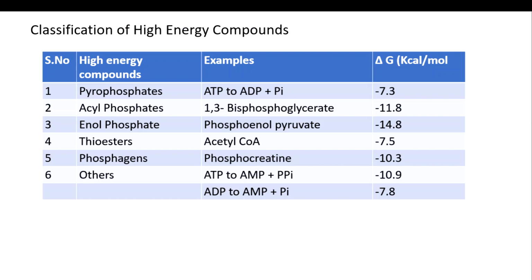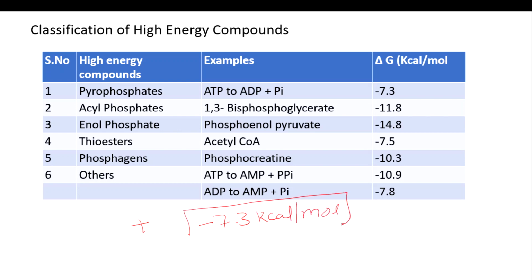And the next one is classification of high energy compounds. What are high energy compounds? High energy compounds are any compounds which can yield an energy of 7.3 kilocalories per mole.